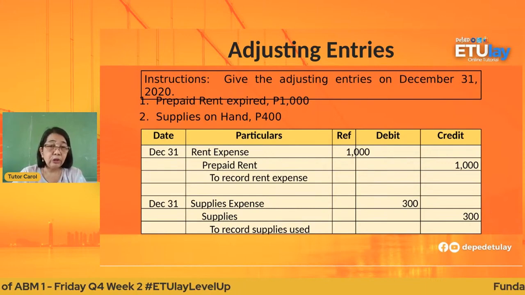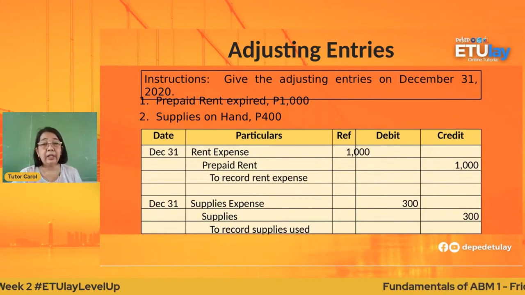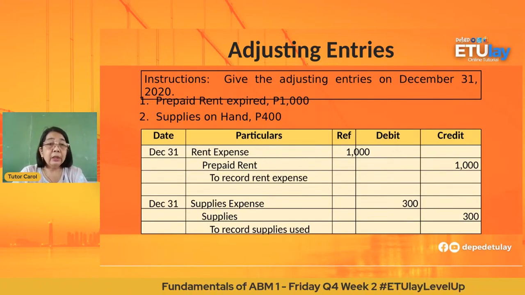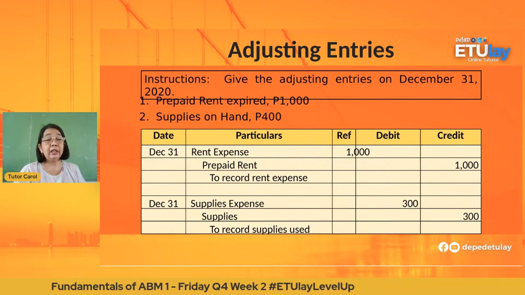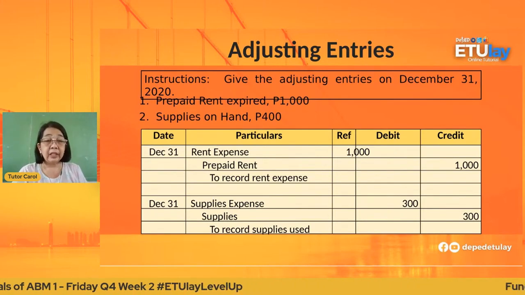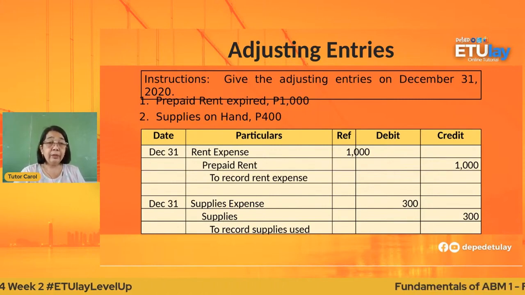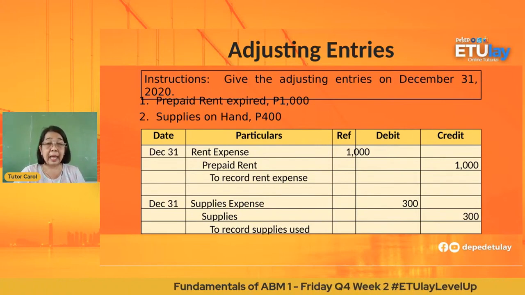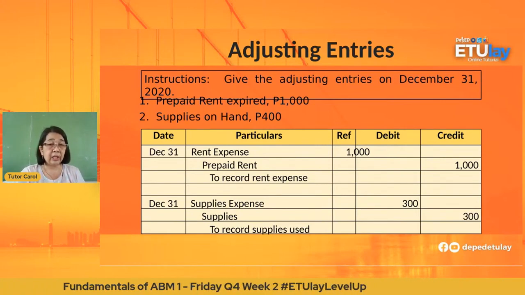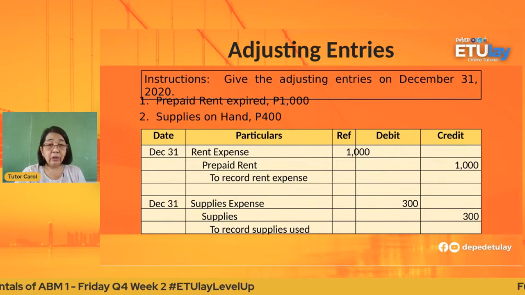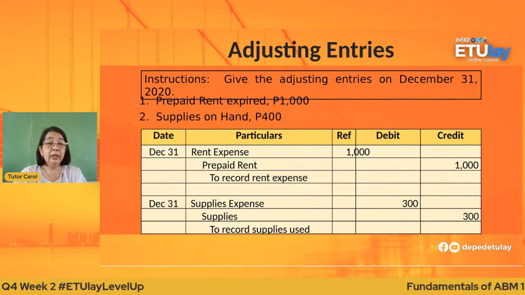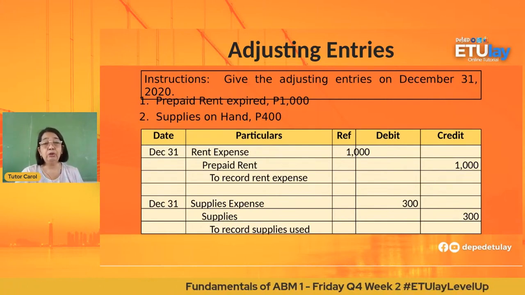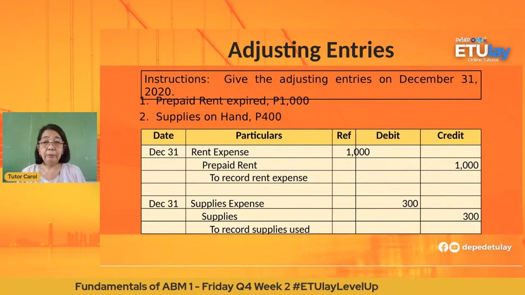So 700 minus 400 is 300 pesos, meaning 300 pesos has been used. Our adjusting entry: debit supplies expense 300 and credit supplies 300. The explanation is to record supplies used. What are we recording? The used part of our supplies, which is 300 pesos.